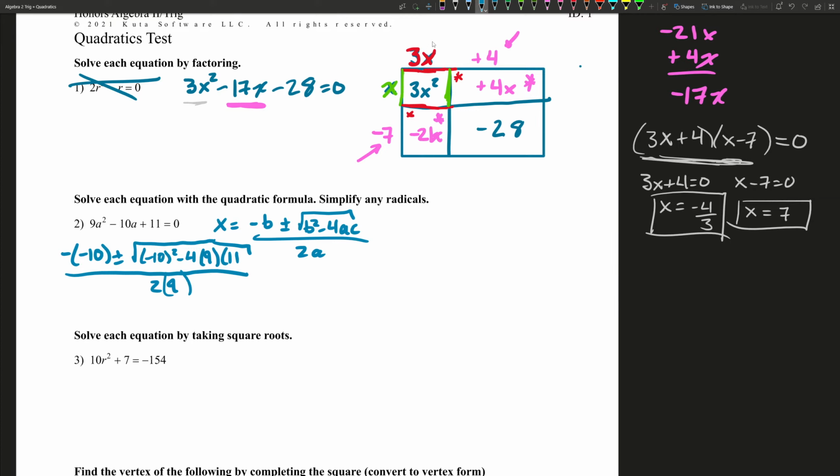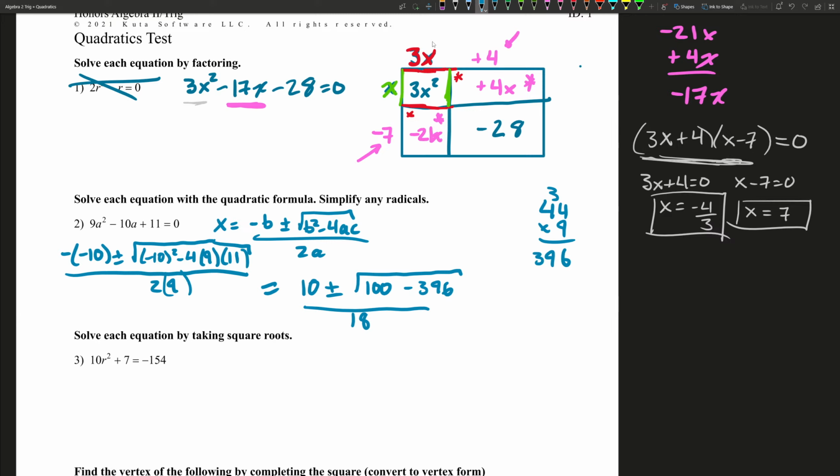And then we're just simplifying. All right, so this is a little bit messy because I put this up here. Oh well. So we get 10 plus or minus 100, minus 4 times 11, that's 44. 44 times 9, that's 396, all over 18.